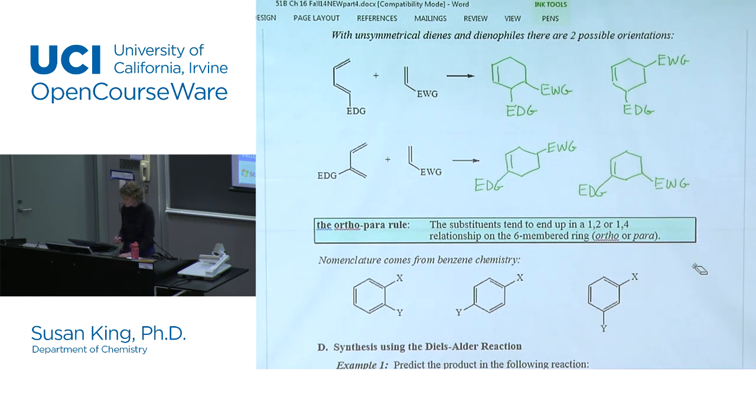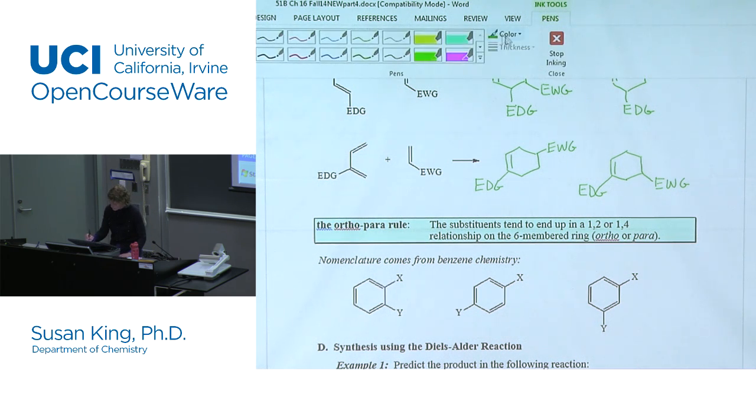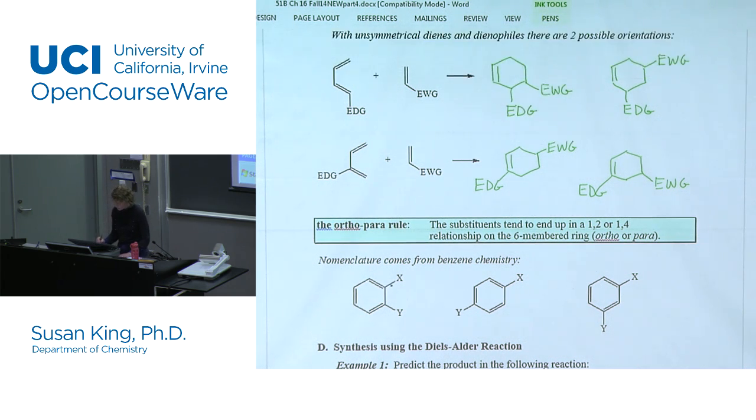Okay, the nomenclature comes from benzene chemistry. Look at the relationship between these substituents. This is a 1-2 relationship, this is a 1-2-3-4 relationship, and this is a 1-2-3 relationship. When it's a 1-2 relationship on a benzene ring, we call this ortho. When it's a 1-4 relationship, we call it para.